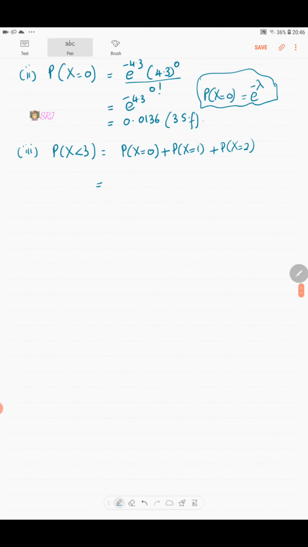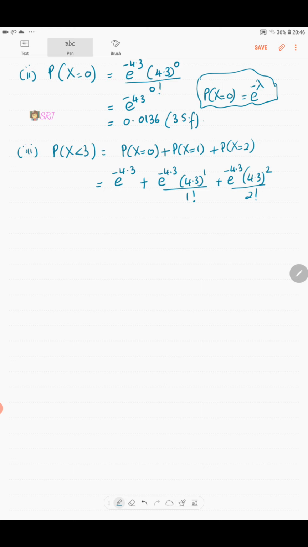So for probability X is equal to 0, we just saw that it becomes e power minus 4.3. For probability X is equal to 1, it's e power minus 4.3 times 4.3 power 1 over 1 factorial. For probability X is equal to 2, it's e power minus 4.3 times 4.3 squared divided by 2 factorial.